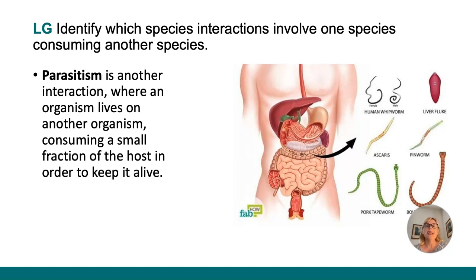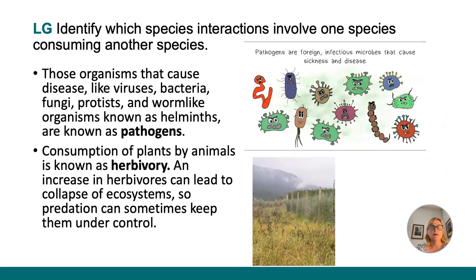So parasites can kill you, and over time they might kill you. A lot of times they just live and feed off of you. Viruses are the same way too. Think of the common cold or COVID or the flu. They can kill you, but really they want to feed on your cells, and that's a parasite. And all living things can get parasites, not just humans.